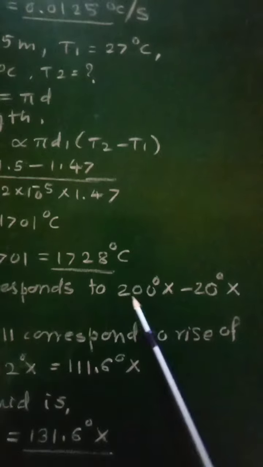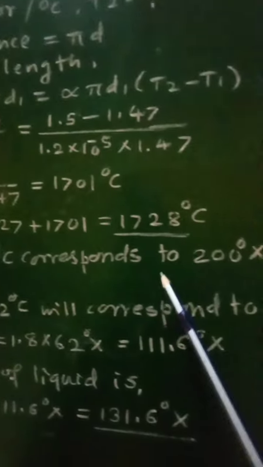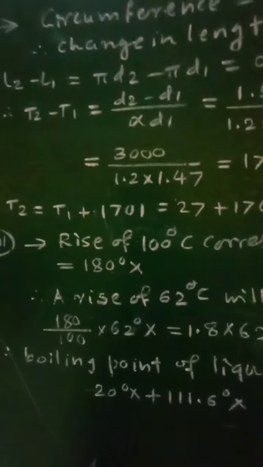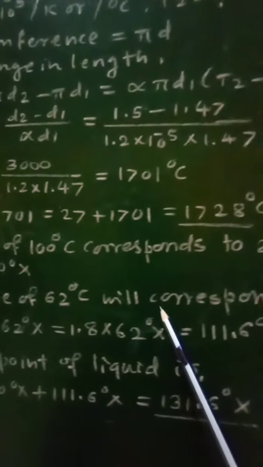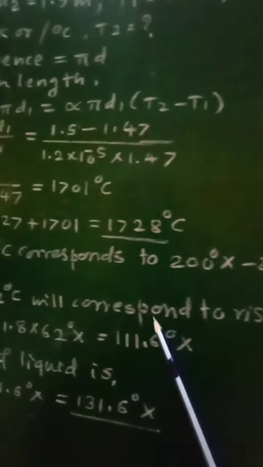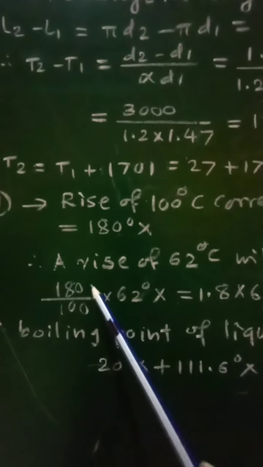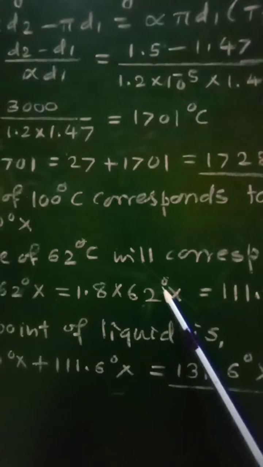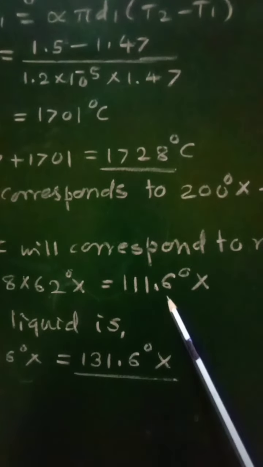So we get 200 degree X minus 20 degree X, which comes out to be 180 degree X. So a rise of 100 degrees Celsius corresponds to 180 degree X, and therefore a rise of 62 degrees Celsius will correspond to a rise of 180 upon 100 into 62 degree X, which comes out to be 1.8 into 62 degree X, which is equal to 111.6 degree X.